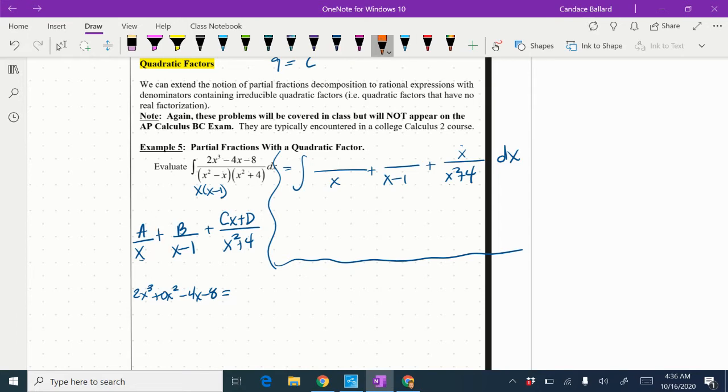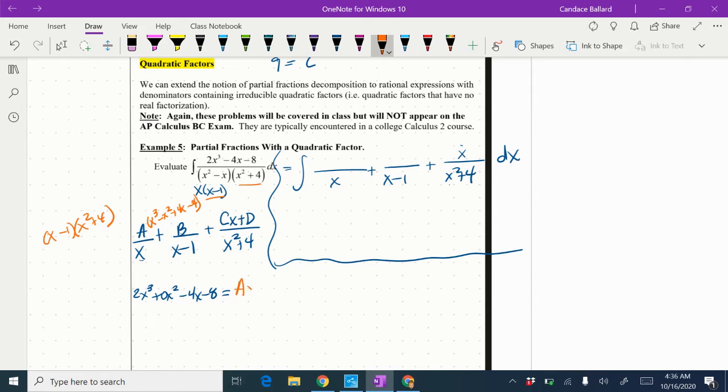I have to multiply by whatever I'm missing, same pattern. So I'm missing the x minus 1 and I'm missing the x squared plus 4. So I'm going to do this off to the side for a minute. x minus 1 times x squared plus 4. So when I FOIL that together, I get x cubed minus x squared in the middle, and then plus 4x minus 4. So that's what I am distributing in.